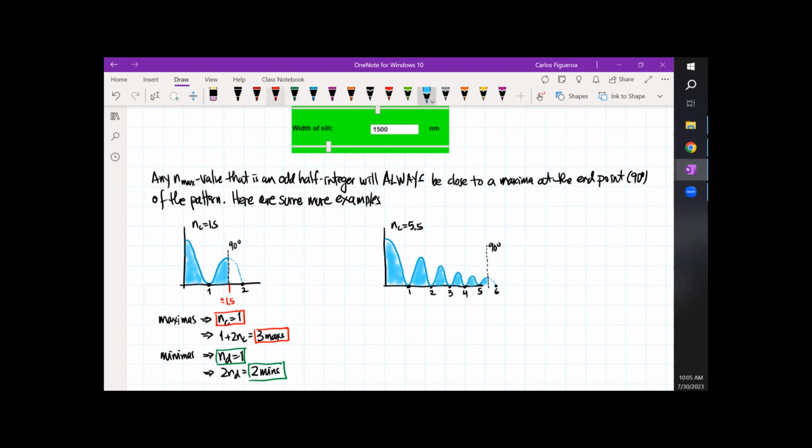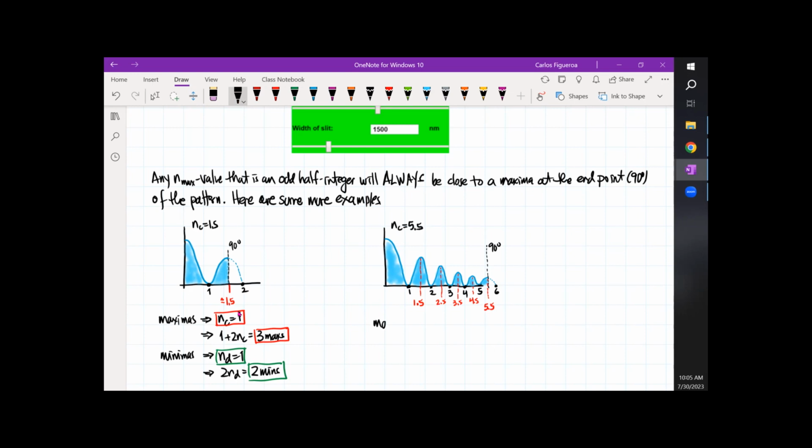And so now if I look at my max values, remember, these are all approximate. This is approximately 1.5, 2.5, 3.5, 4.5, and right here, this is 5.5. So just by inspection, we could start to look at how many maxes and mins there are.